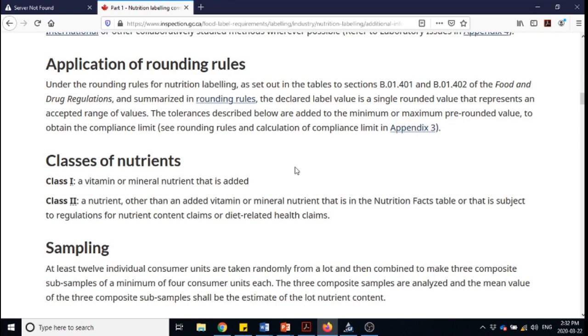And then, of course, you can think, well, what if it's just a label and there's no health claims involved? Different level of scrutiny, and it doesn't even get a name or a class. But again, each of these levels of scrutiny means that there's going to be a different tolerance of error that's permitted.